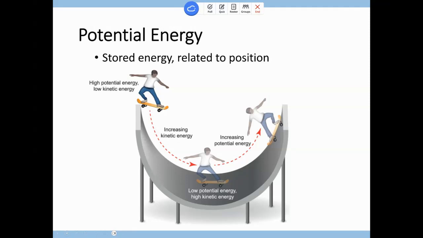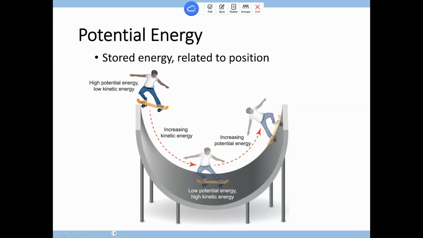When the skateboarder is at the top of the half pipe, so this far left image here, they might not be moving, so they don't have kinetic energy, but they have a high potential energy because they're at a position at which if they lean forward or move forward, they're going to gain a lot of kinetic energy. So potential energy is related to position. Being in that position, you have stored energy, and we call that potential energy.